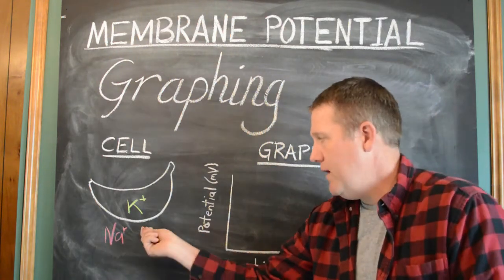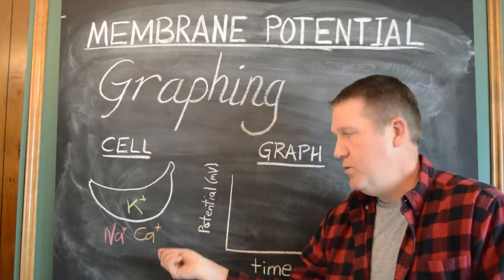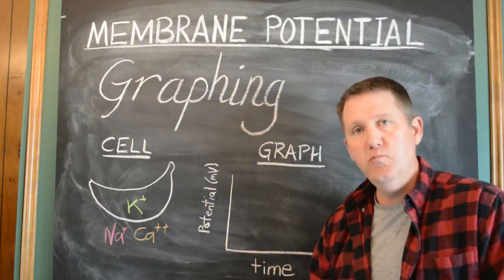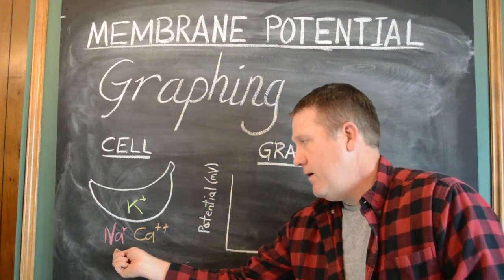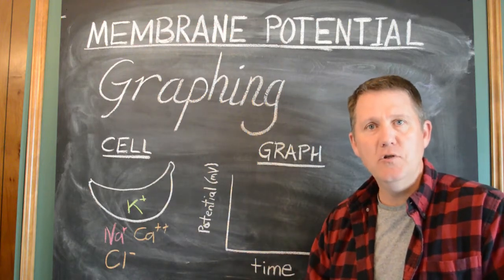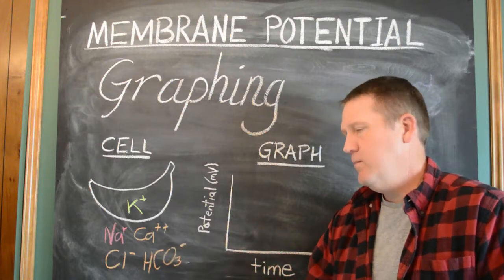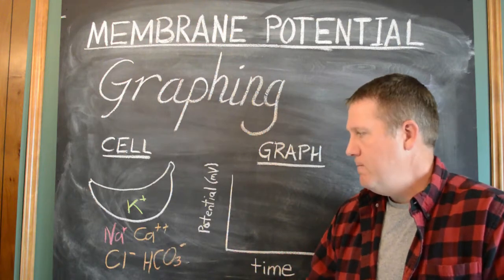So we also have calcium ions with their 2+ charge. We have chloride ions with a negative charge, and we even have bicarbonate ions with a negative charge.